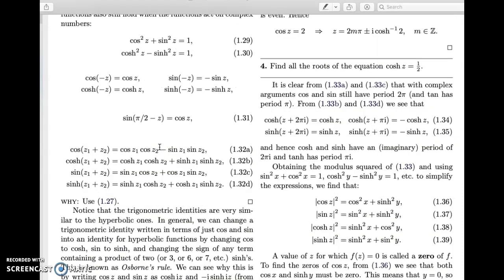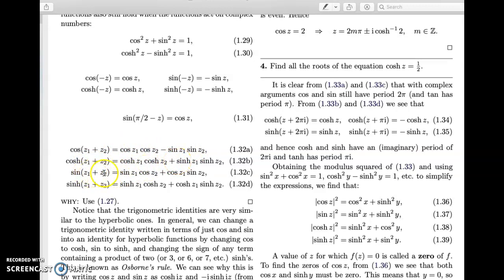So if you look, here you've got cos squared plus sine squared, cosh squared minus sinh squared. With these, you've got cos of z1 plus z2 is cos cos minus sin sin, but with the hyperbolic functions, you've got a plus here.